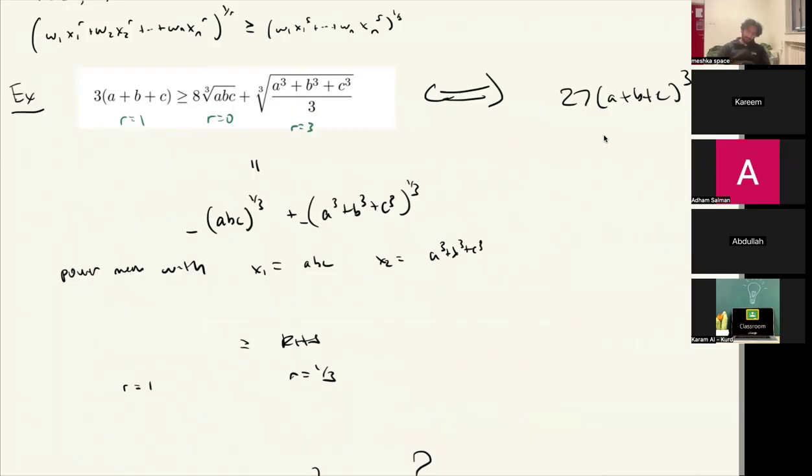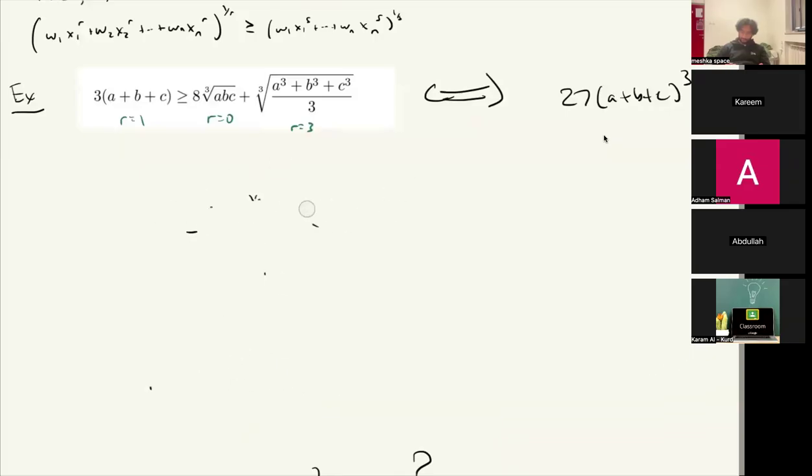Let's write x equals abc and y equals (a cubed plus b cubed plus c cubed) over 3. Then the right-hand side is basically 8 times x to the 1/3 plus y to the 1/3.